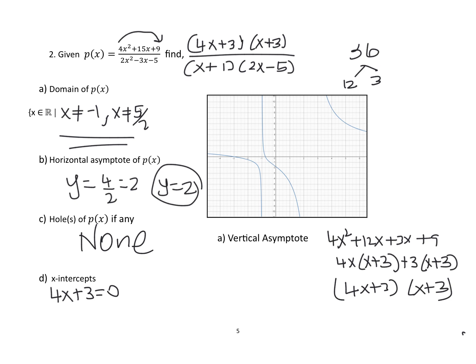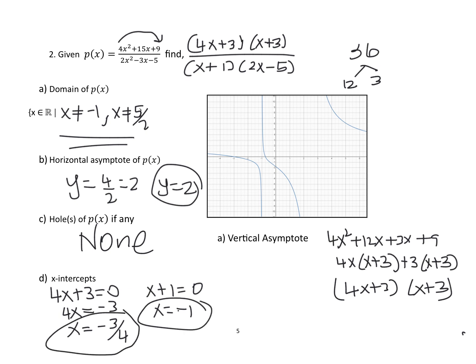That means 4x is equal to -3, and x is equal to -3/4. That's the first one. The next one is x plus 1 is equal to 0, x is equal to -1. So I expect to see 2 x-intercepts in the graph.